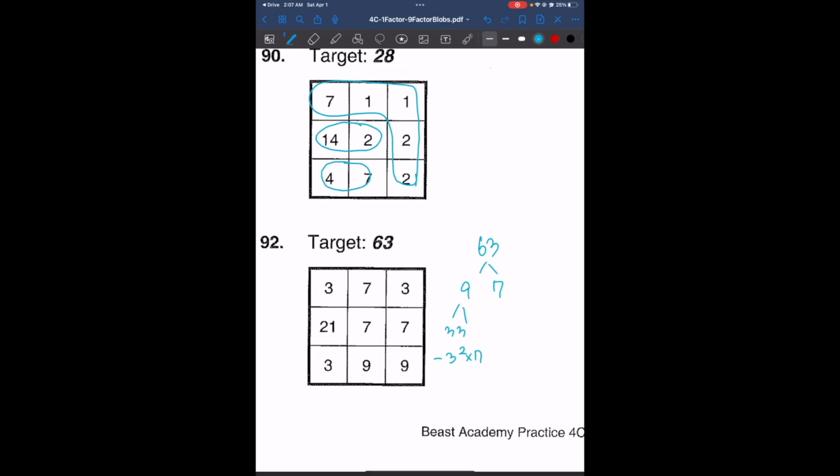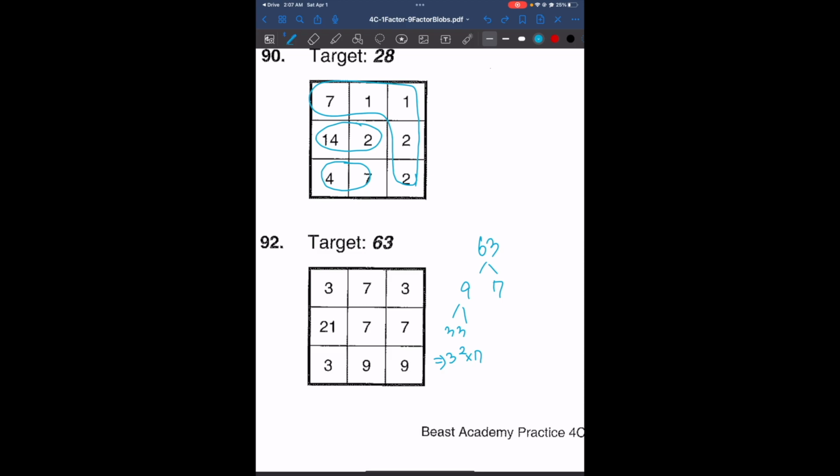And that means that we need 2 3s and 1 7 in one blob. And so we have 2 7s here. And that means that we cannot have 2 7s in the same blob because we only need 1 7.